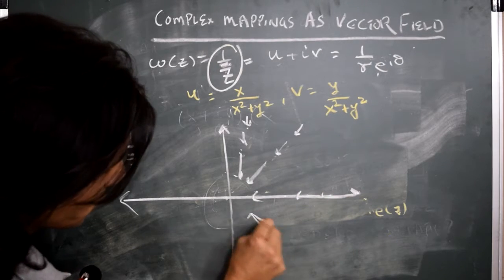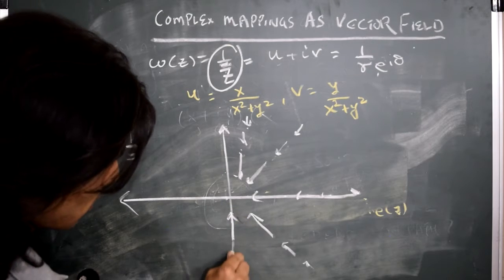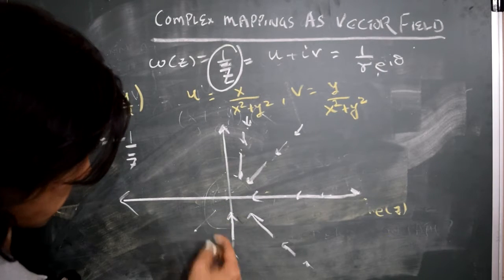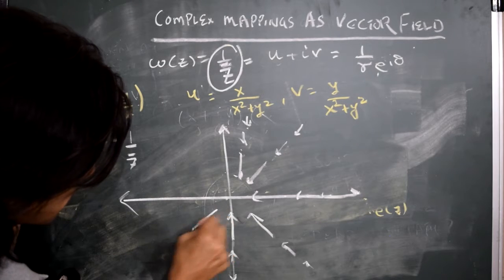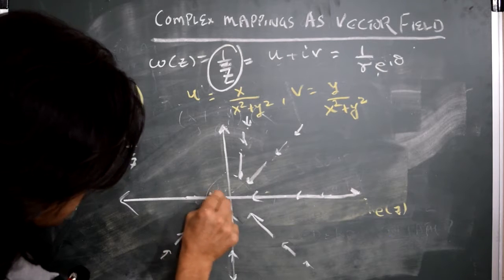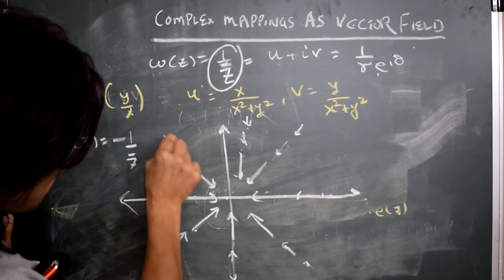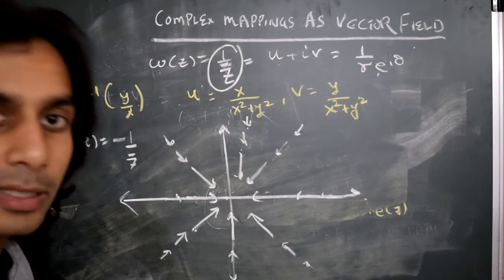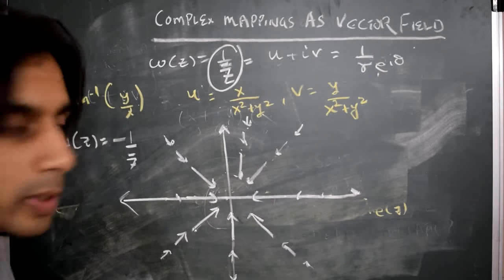Now the arrows are moving towards the origin. Again, it has the same radial symmetry as that of the source, but in this case the fields are converging towards the origin.